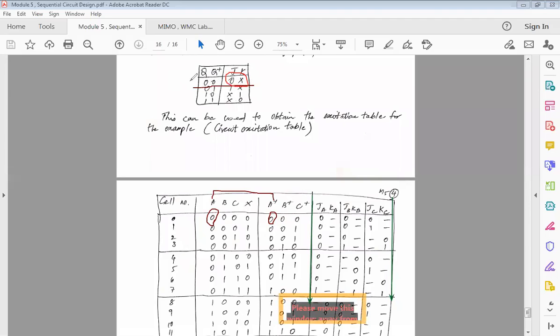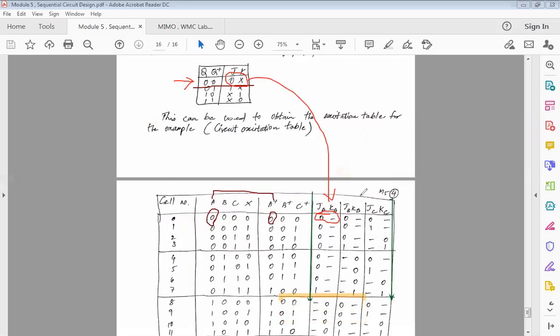So we are looking at this state now. For 0, 0, 0 don't care. That 0 don't care is what you are getting here. For this don't care, I have written a dash. Understood how we are getting JA, KA? Students, are you all following? Yes, sir. Okay.